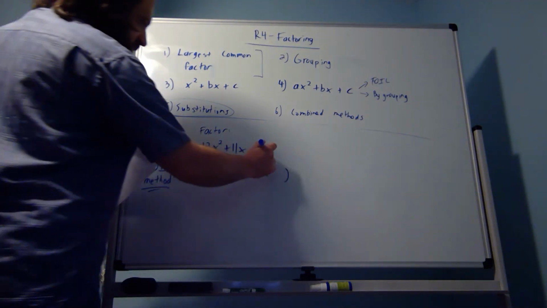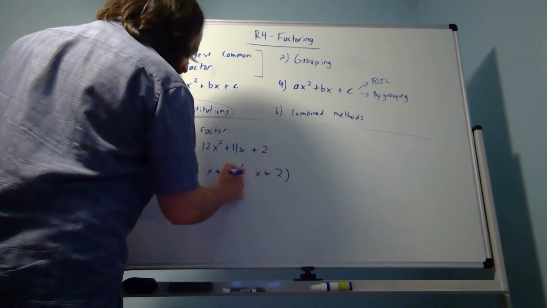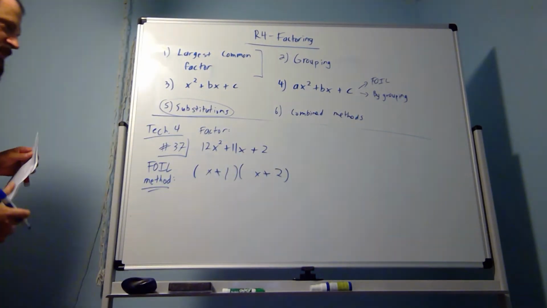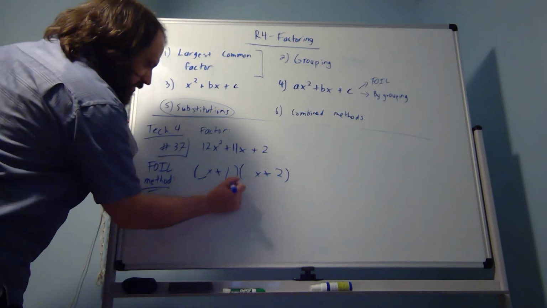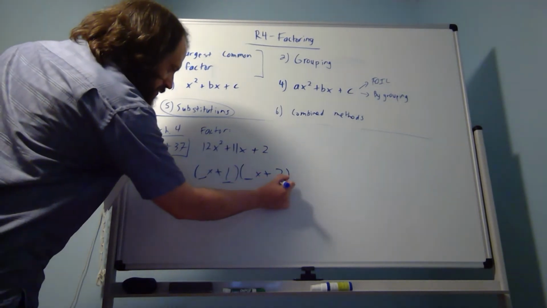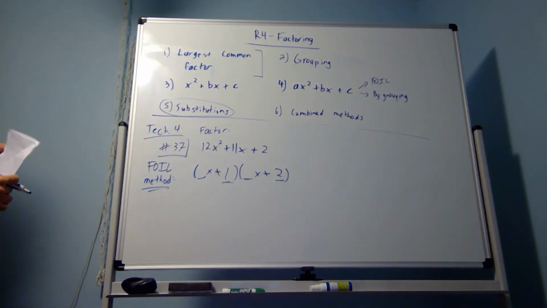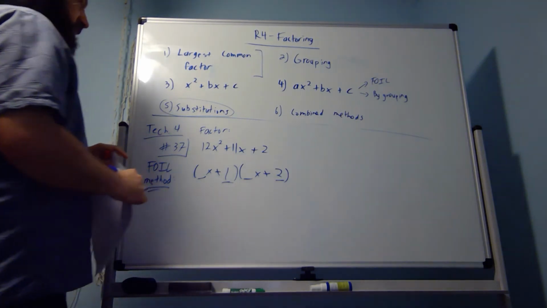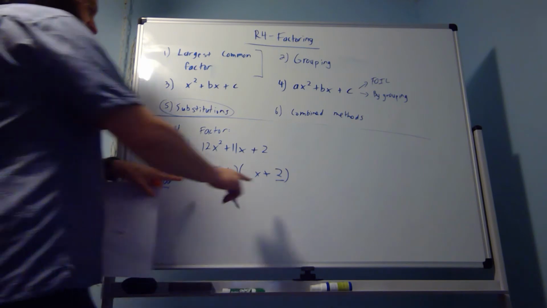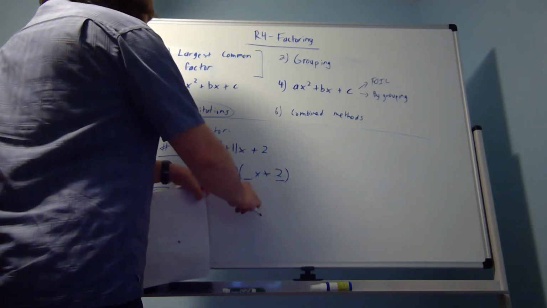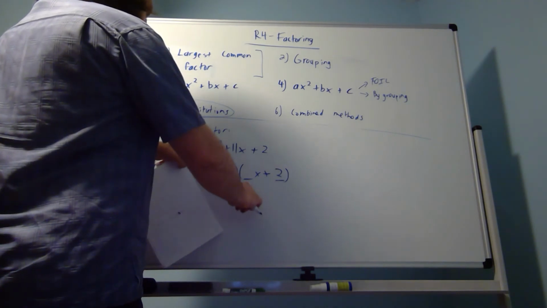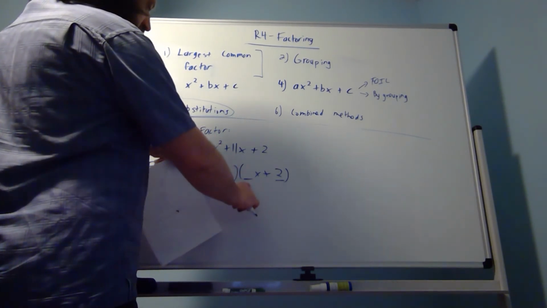Well, luckily this number is really small and doesn't have a whole lot of options. We know that we're getting a 2 and a 1. That's the only way to multiply and get 2. But then how many x's? We want this times 2, and then this times 1. And it has to be either 4 times 3, or it has to be 6 times 2, or it has to be 12 times 1.